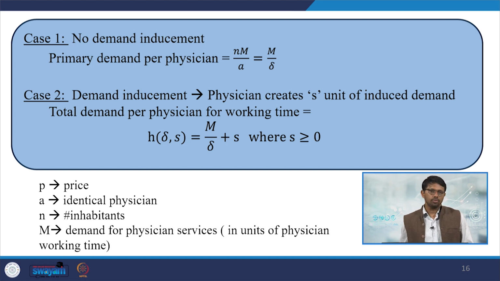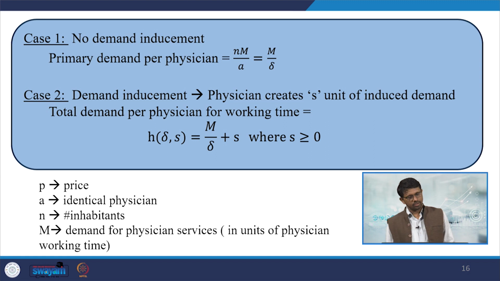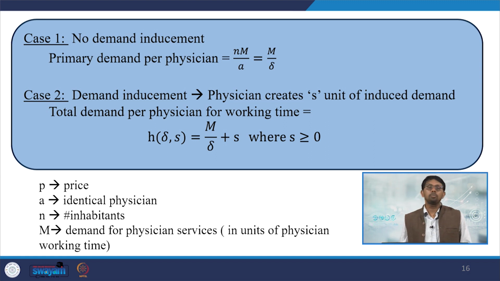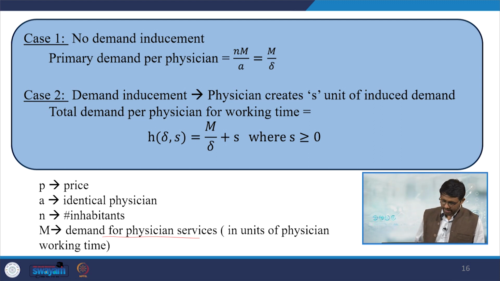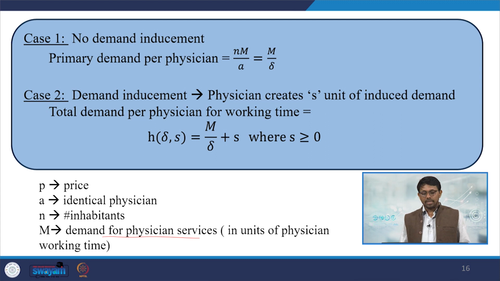In case 1, with no demand inducement, the primary demand per physician is equal to the number of population times the medical services. M stands for demand for physicians' services, that is in units of physician working time, out of the number of physicians, whom we consider as identical in nature.